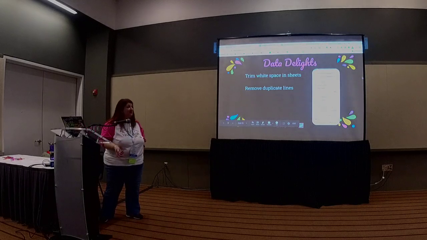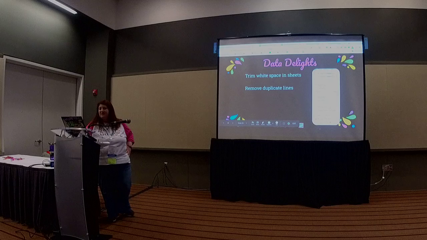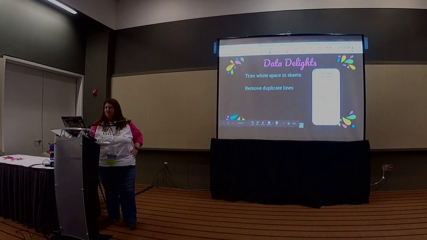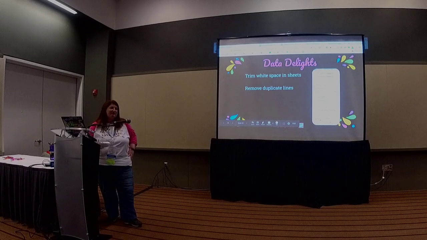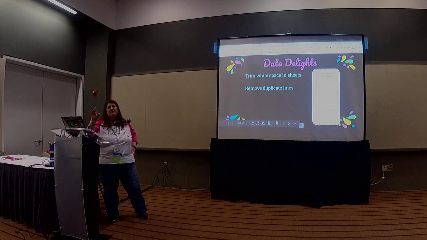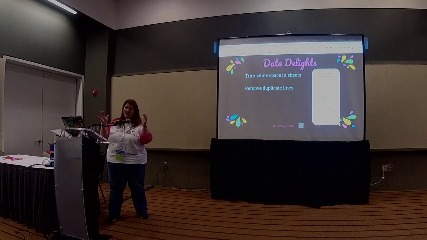Speaking of data, the data menu has 2 things at the bottom that a lot of people don't realize are there because they've been around a little while but not always. One is remove duplicates, because kids never fill out a form more than once. Neither do adults. And then also trim white space, which will trim your sheet so that only the cells that are occupied will be there and the rest will be just background colored.